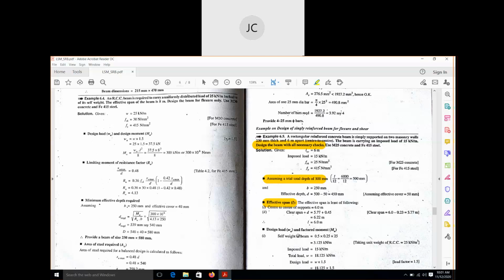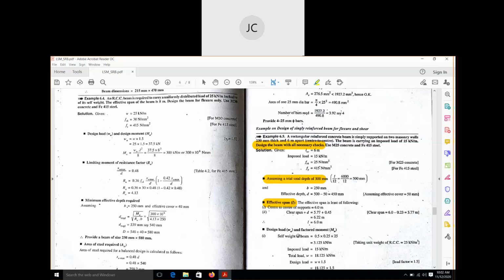Can you tell me the clause number? Anyone, if you know, you just tell me the clause number.